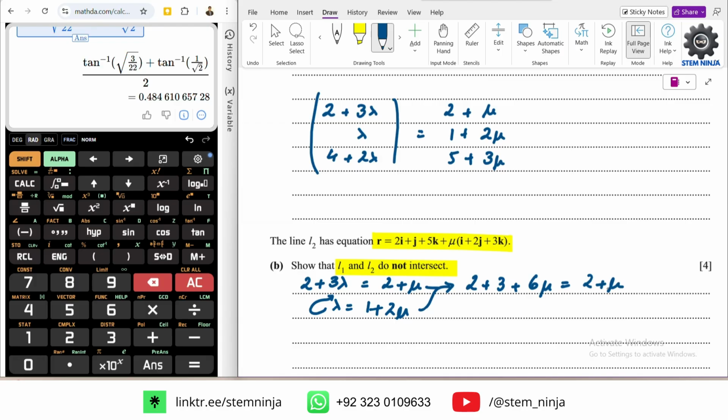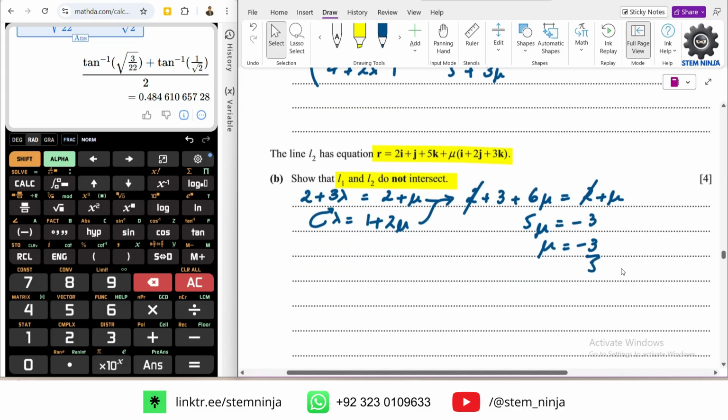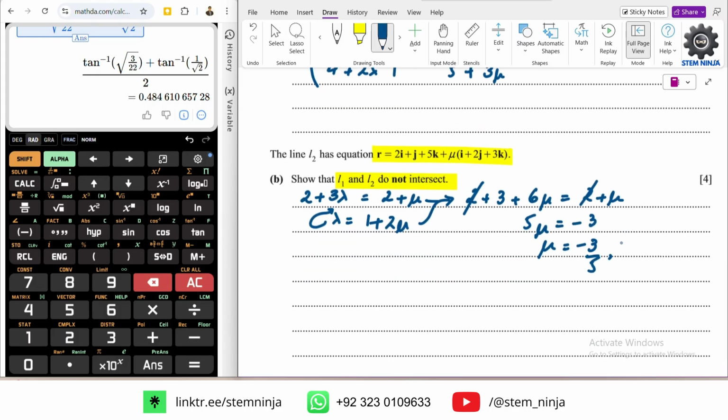So 6 mu minus mu is 5 mu, 2 gets cancelled, so this is minus 3. So mu is minus 3 by 5, and that would make lambda 1 plus 2 mu, so 1 minus 6 over 5, so minus 1 over 5.